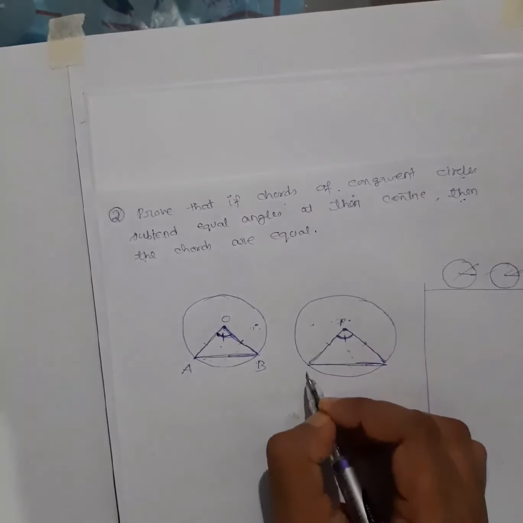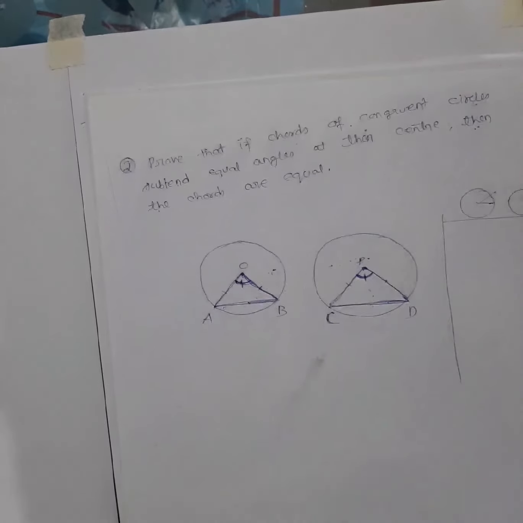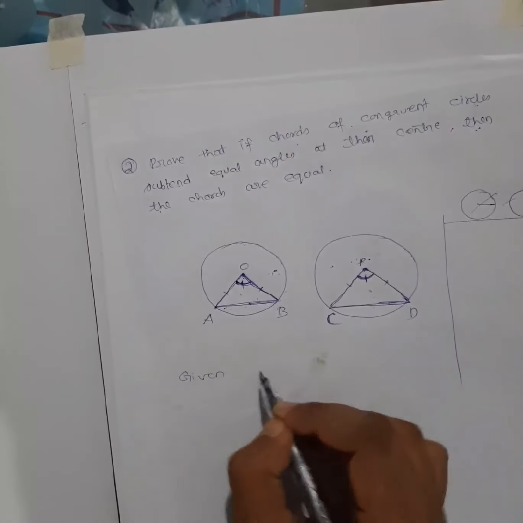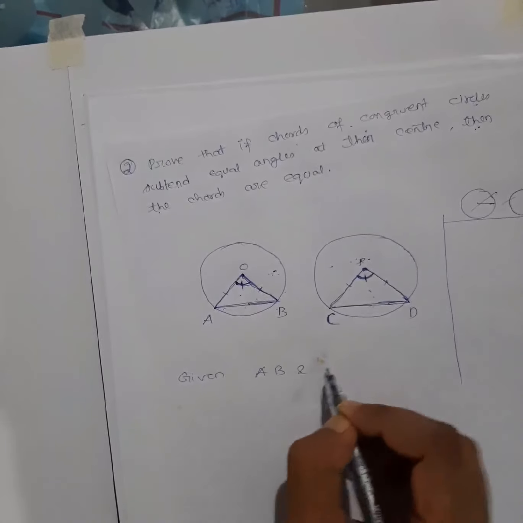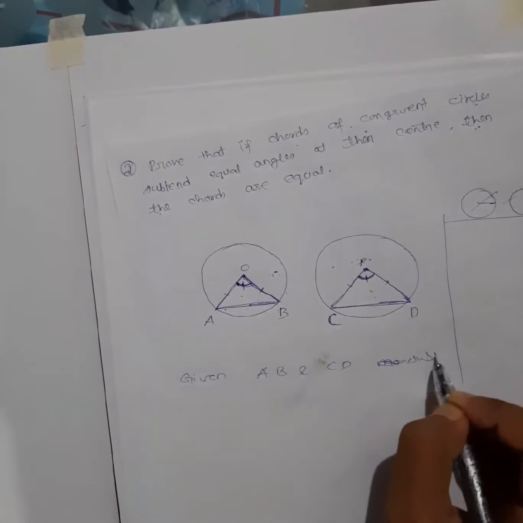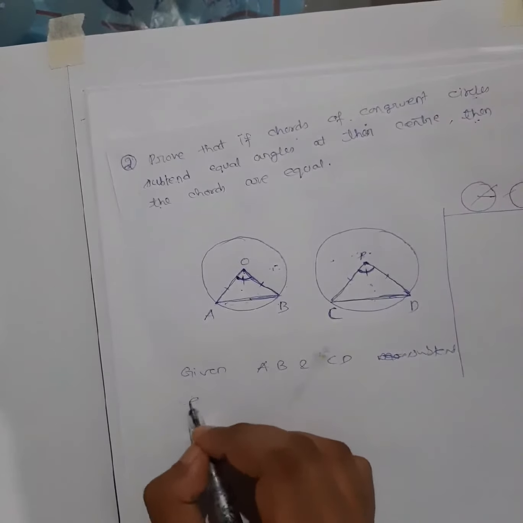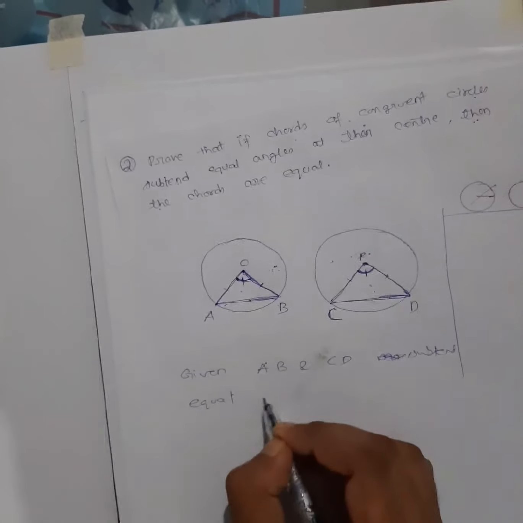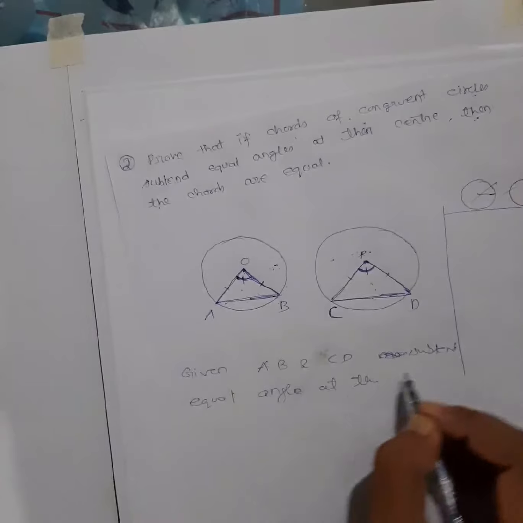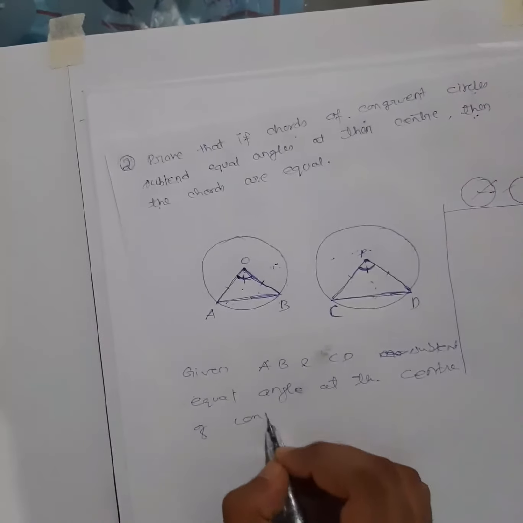P, this is A, B, C, D. Okay, so you can write down here: given, AB and CD made or subtend equal angle at the center of congruent circles.